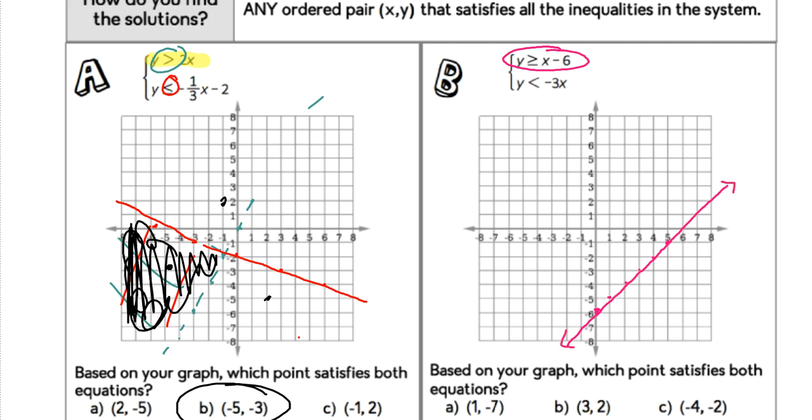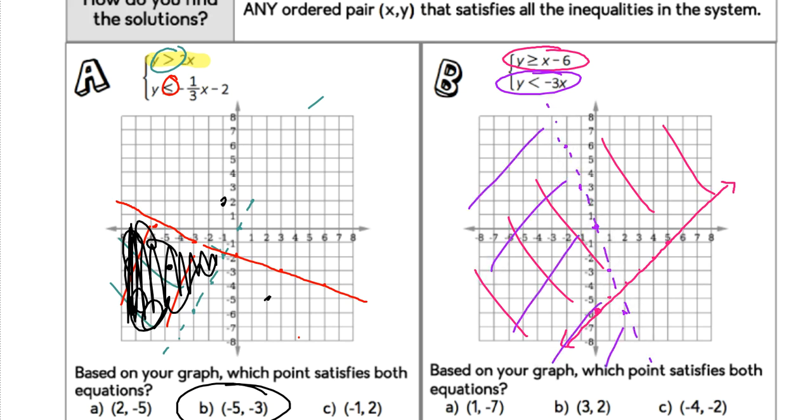Greater than or equal to is shaded above that line. And then my second inequality is y is less than negative 3x. That starts at 0, 0, goes down 3 over 1, or up 3 over 1. It's less than, so I'm going to make a dashed line and shade below it.